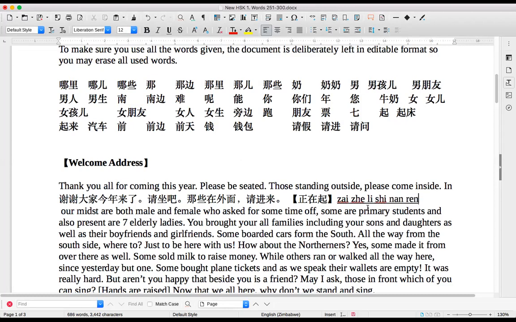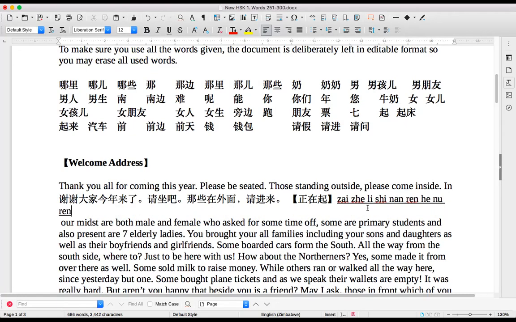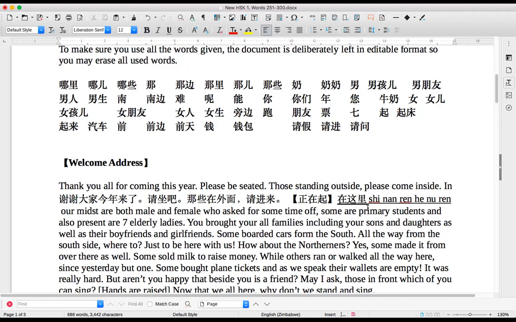Yeah, I like that. 在这里是男人和女人. Okay, 在这里, the second one 是男人和. Here you have to use a. Okay. Okay, very good. So this is good.